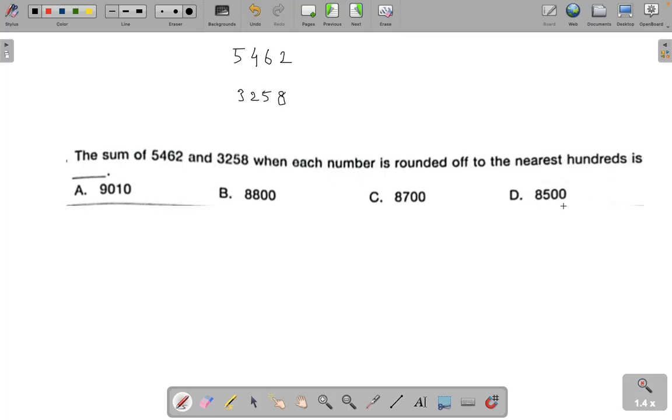Sir, C, 8700. Okay. So what do you get when you round this off to the nearest hundred? Sir, 8700. No, only this number. The first number only. Achha.